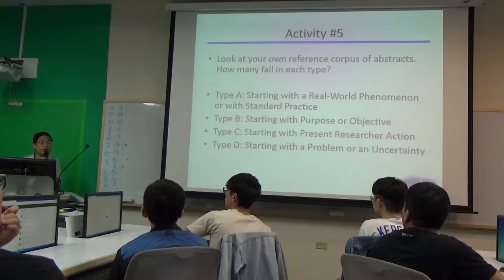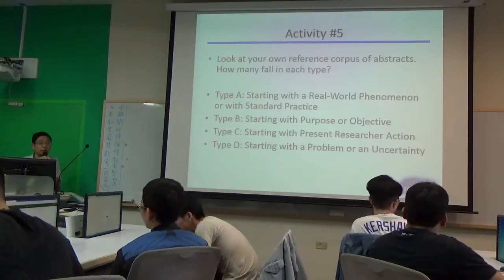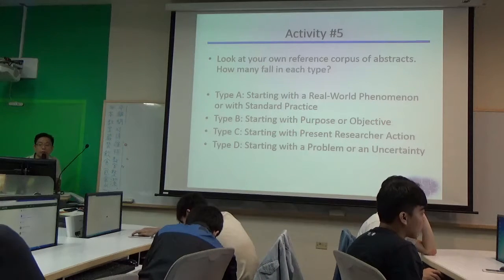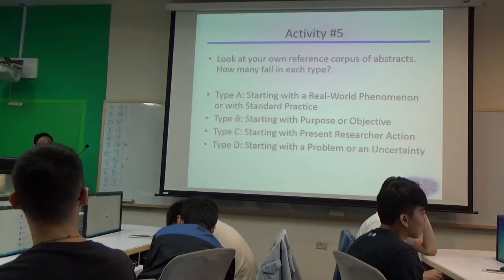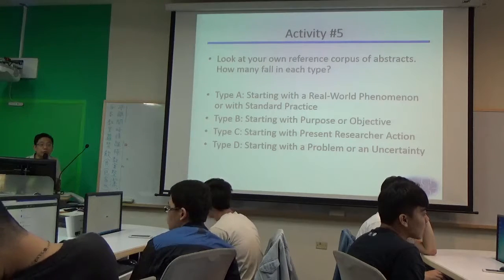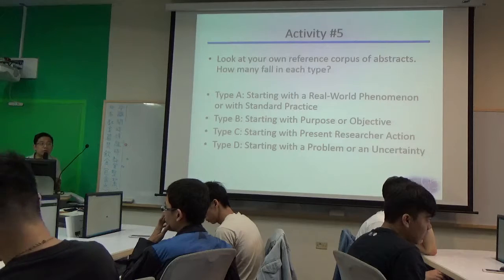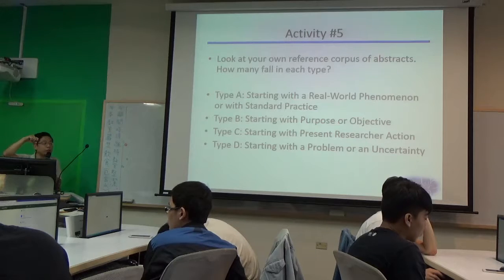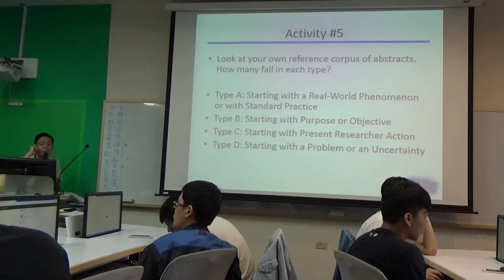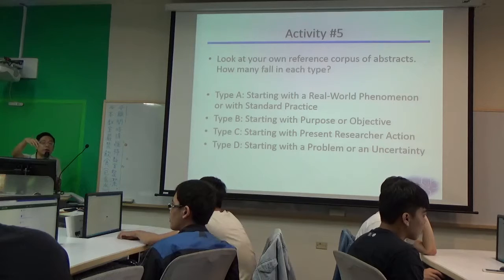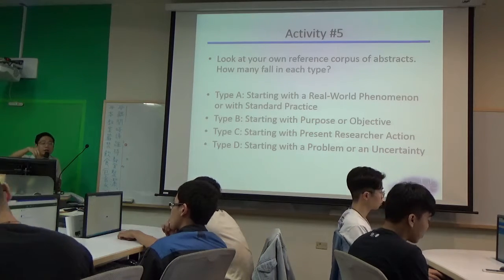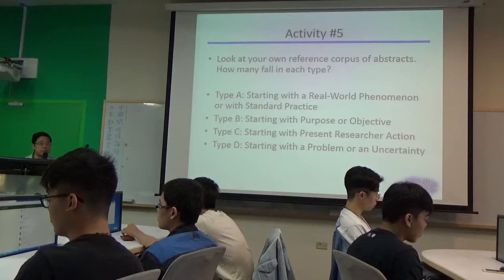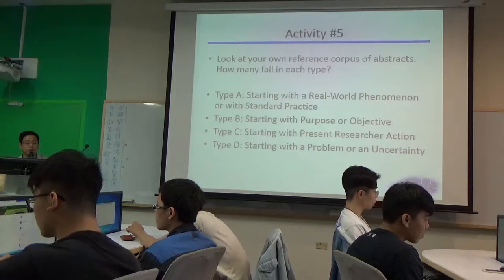For type A, starting with real world phenomena, look at your move 1 or move 2. You have a collection of move 1 and move 2, right? Find out type A. Look at your own and make a correction with your teammates and submit this sentence using Zuvio. Okay. A, B, C, D.